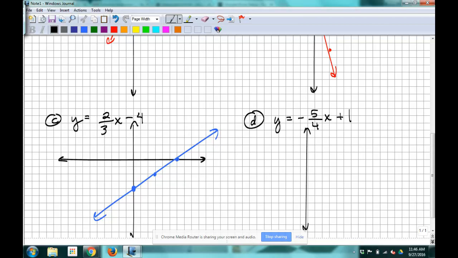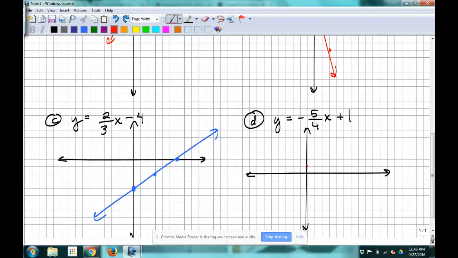Say that's negative 5 over 4. That makes it easier, I think. So what's our y-intercept for D? Positive 1 or negative 1? Positive 1. So I'm going where? Up 1 on the y-axis.